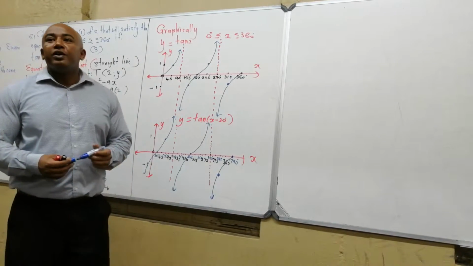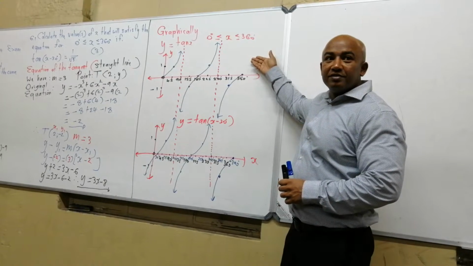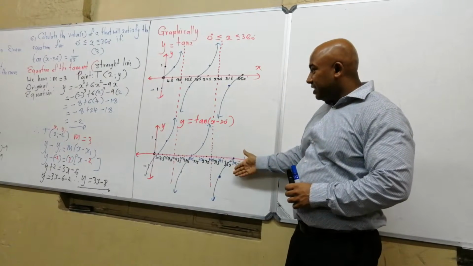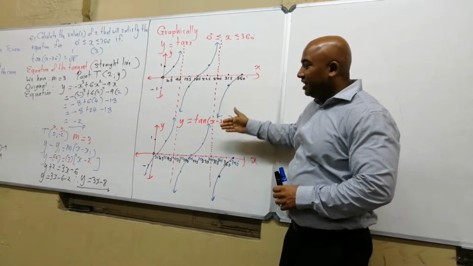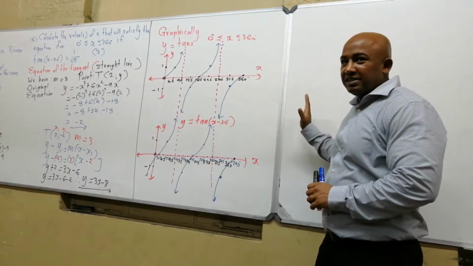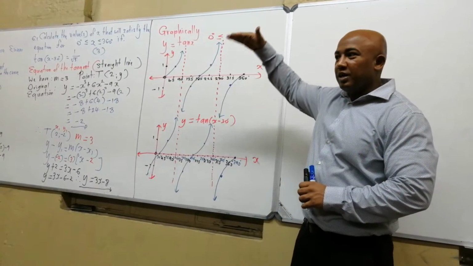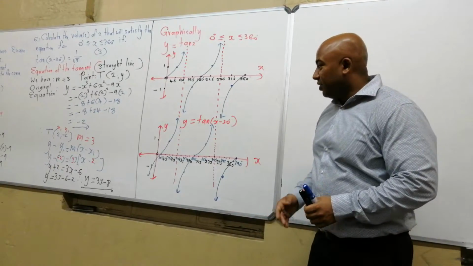Now, what I'm showing you here is just a picture of an original tan graph and a tan graph that has been shifted to the right. You must understand how to shift the graph to the right, to the left, also up and down, that will be vertical.